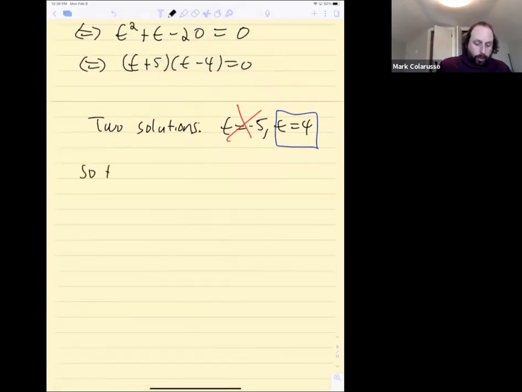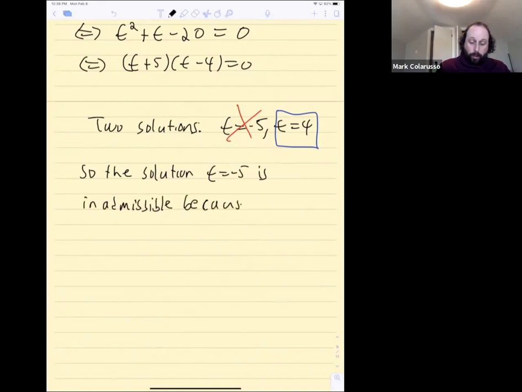So the solution t equals minus 5 is inadmissible because it occurs before we are observing the helicopter.